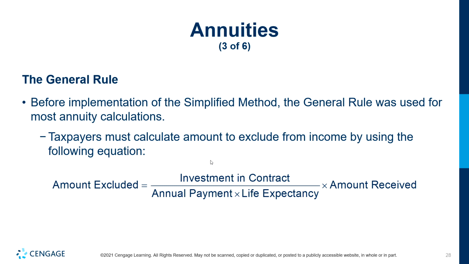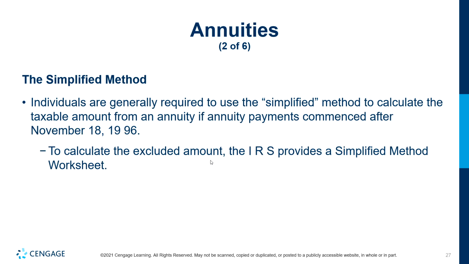So again, we have to use the mortality charts, tables, and so forth, times the amount received. Okay, a little bit easier formula. Again, most of this stuff for us is going to be provided. We don't see a lot of annuities anymore, but we would end up doing this form. Again, most likely you're going to be doing the simplified method.